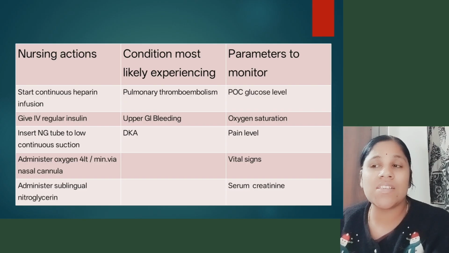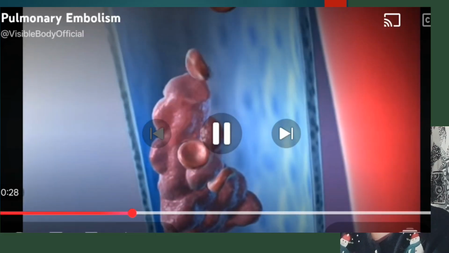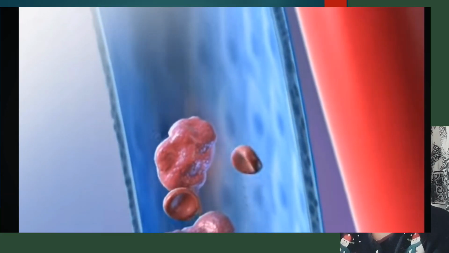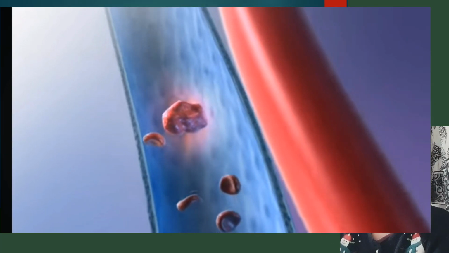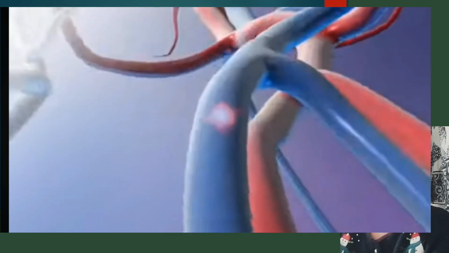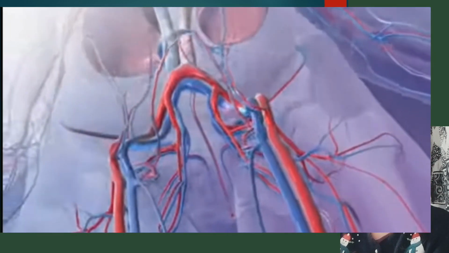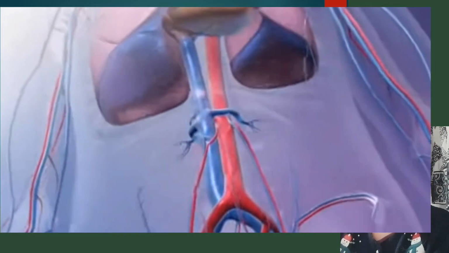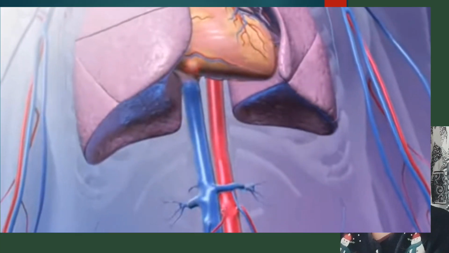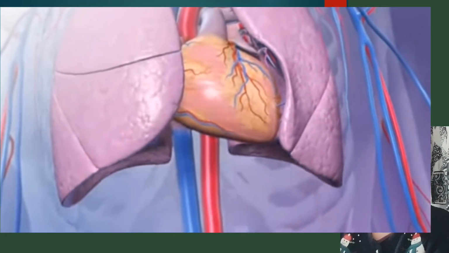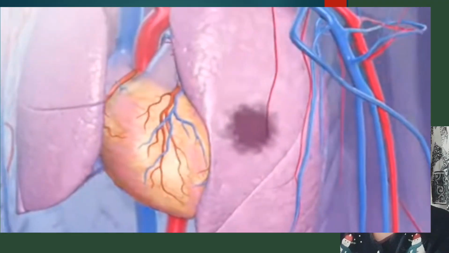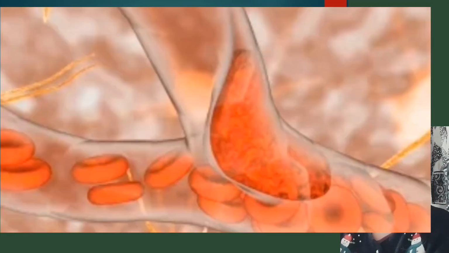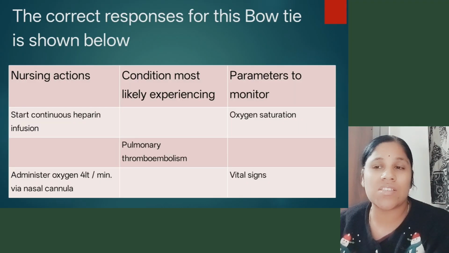The only diagnosis appropriate to the condition is pulmonary thromboembolism, that is PE. It is confirmed by the pulmonary CT angiography or the ventilation perfusion scan, that is the VQ scan. And the anticipated nursing care is we should start a continuous IV heparin infusion to prevent the clots from becoming larger and getting dislodged into some other bigger arteries.